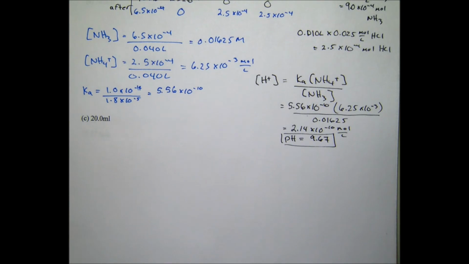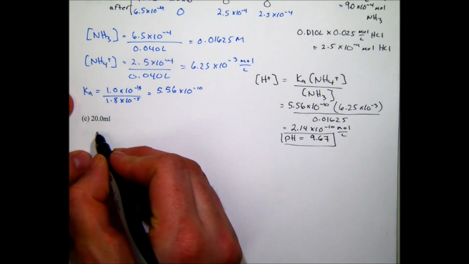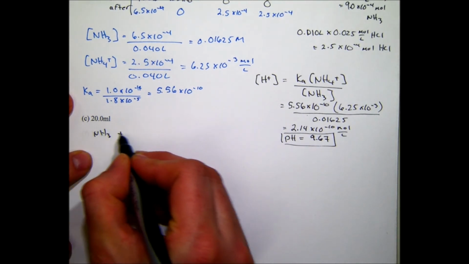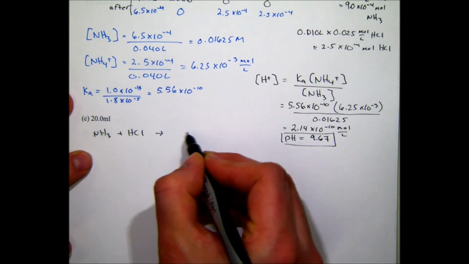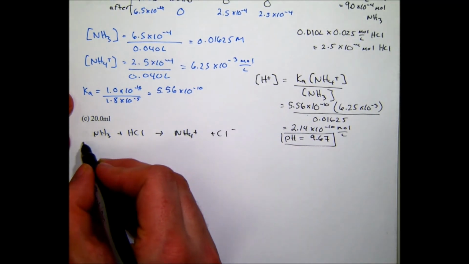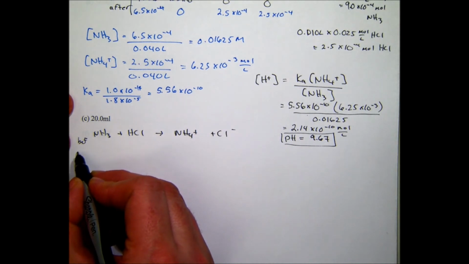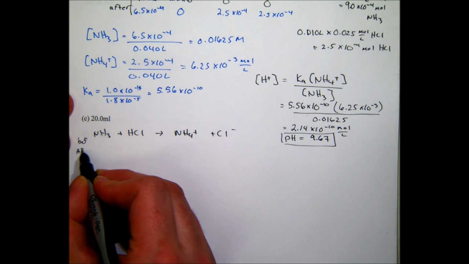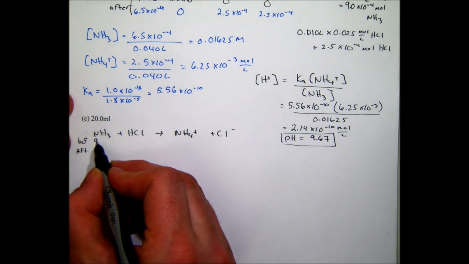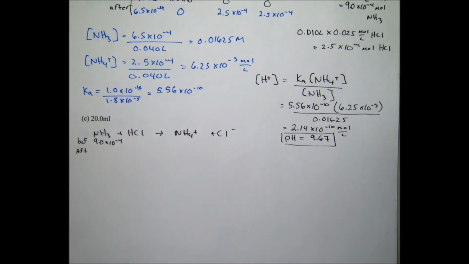So now we're going to repeat that exact same process we just completed, but we're going to use 20 mils of acid instead of 10. So NH3 plus HCl. So we start with the same number of moles each time of the base, 9 times 10 to the negative 4.